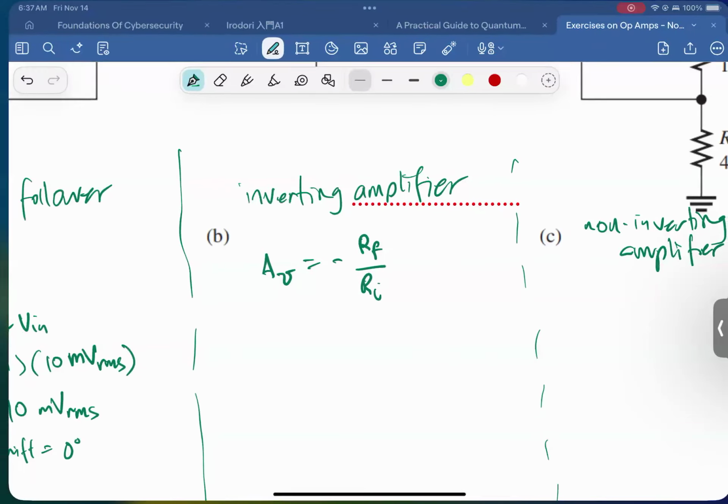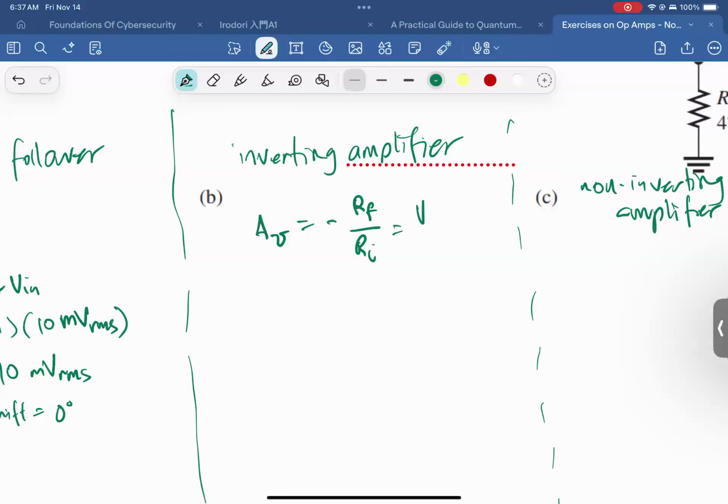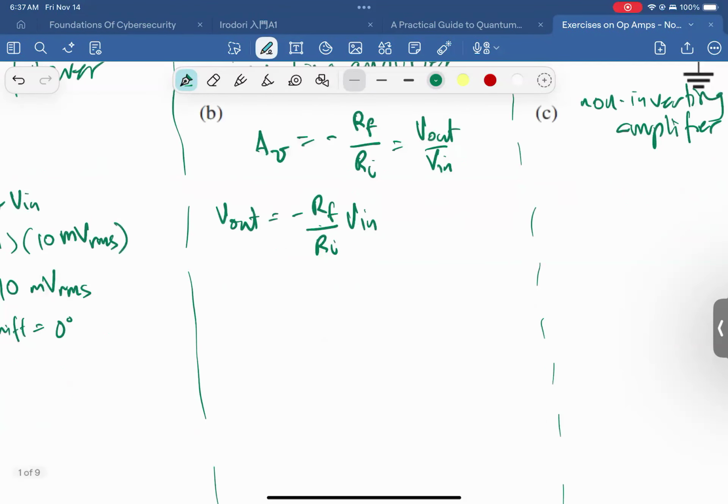Okay. So, ibig sabihin, V out over V in. So, V out ay equal sa negative RF over RI times V input.